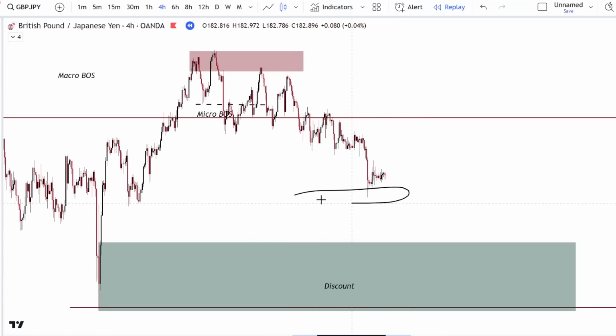So this is your fair value, which is your fair price turbulence.